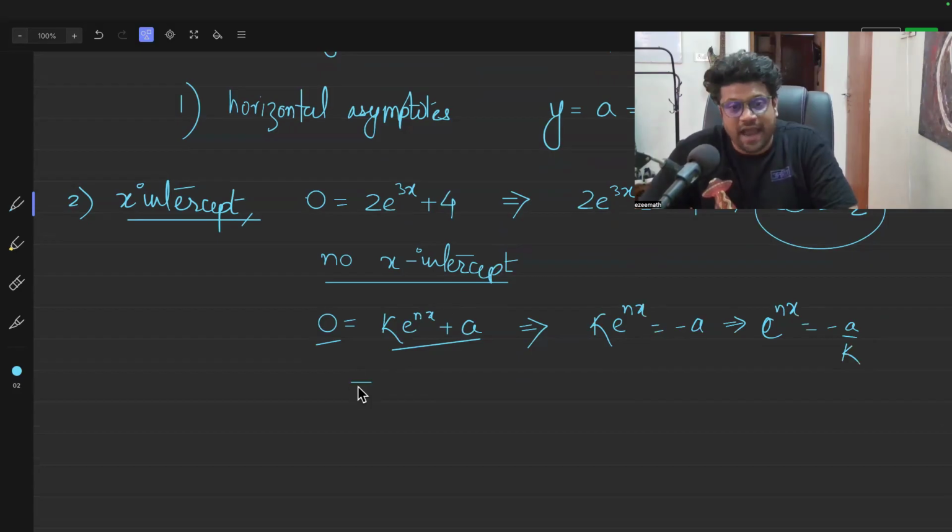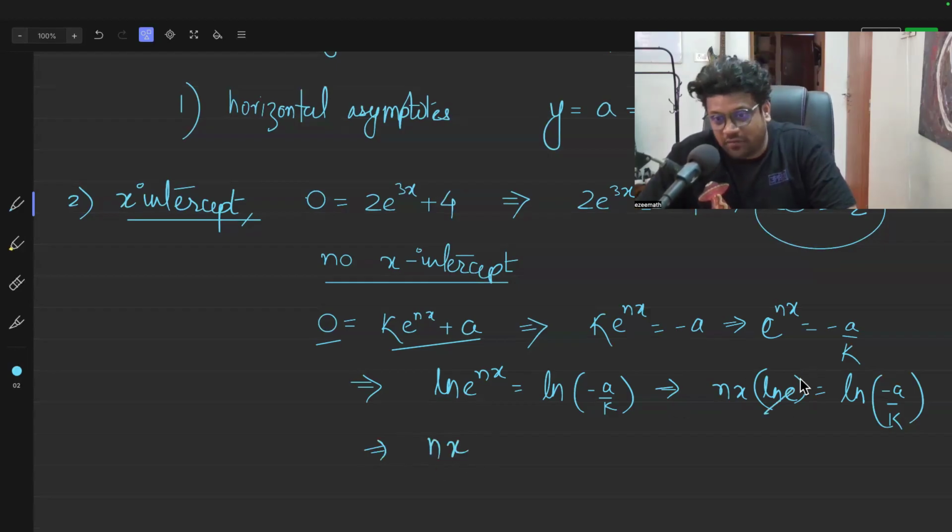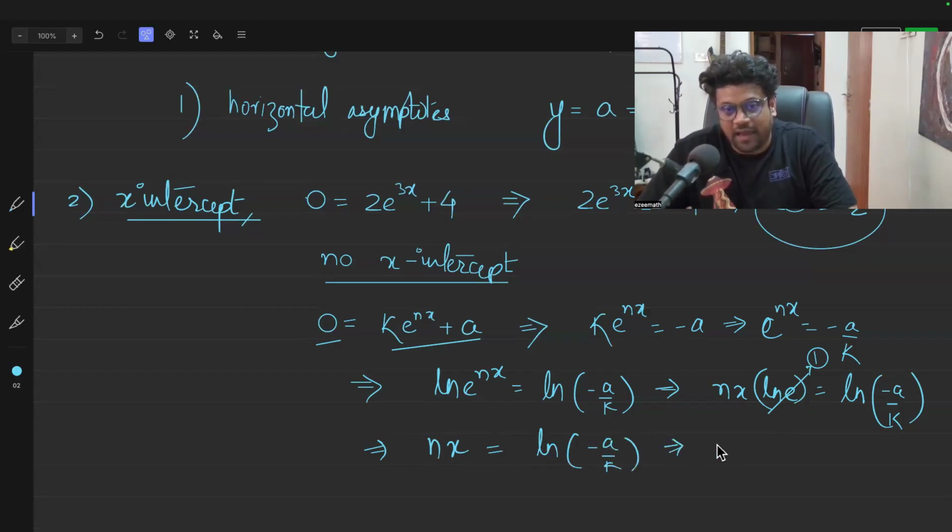Let's take natural log on both the sides. E to the power of nx equals ln of negative a by k. There it is. Nx ln e equals ln negative a by k. And there, ln e is always a 1, by the way. Nx is ln negative a by k. X is 1 by n ln negative a by k.